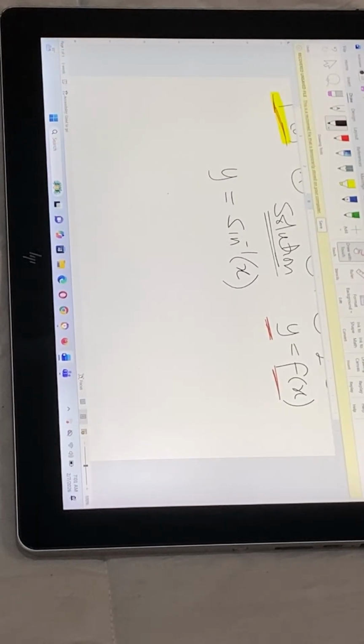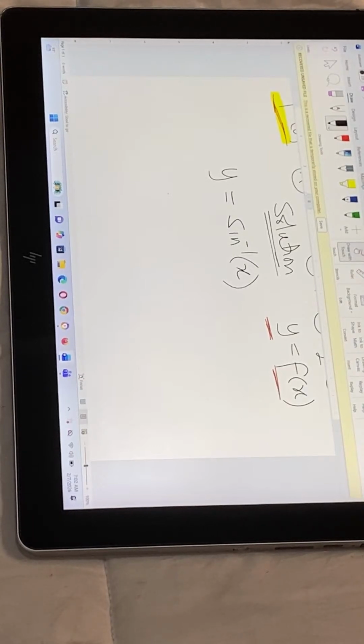In solving any question on differentiation, there are things you need to know. The first, you need to know the function and the pattern of differentiation. Please take note.